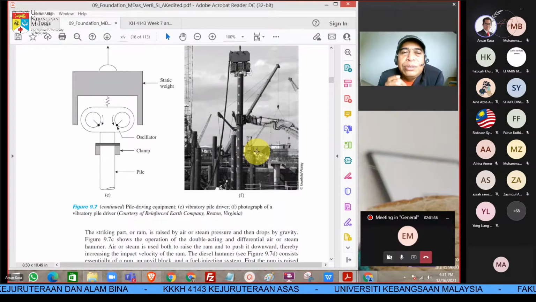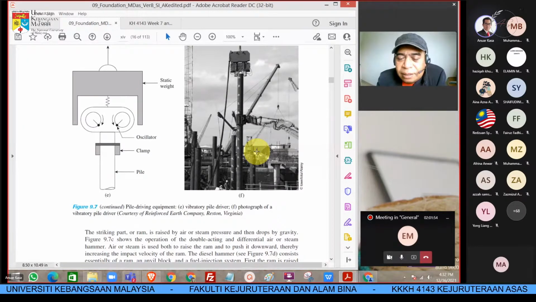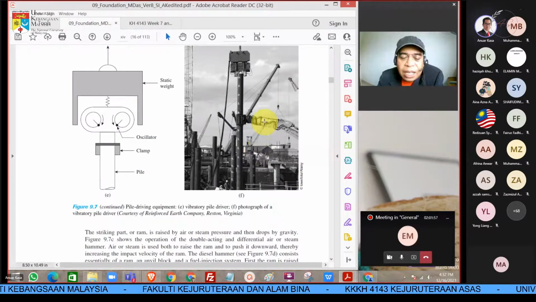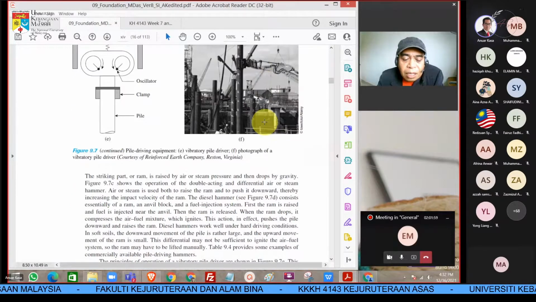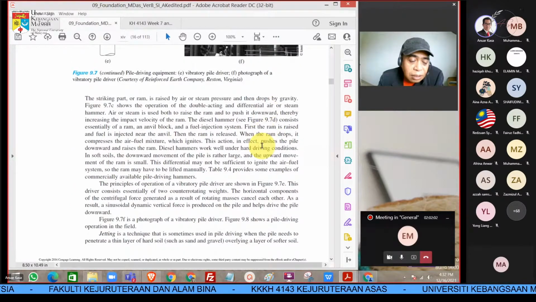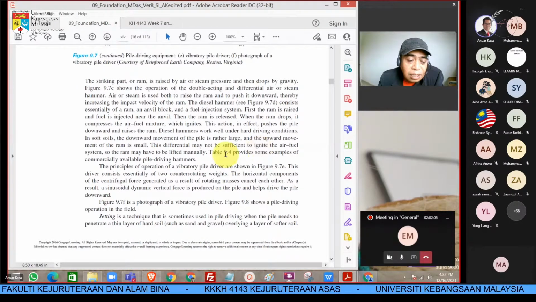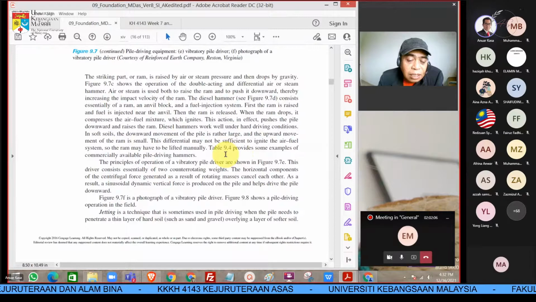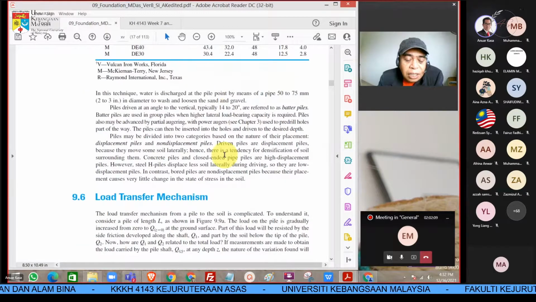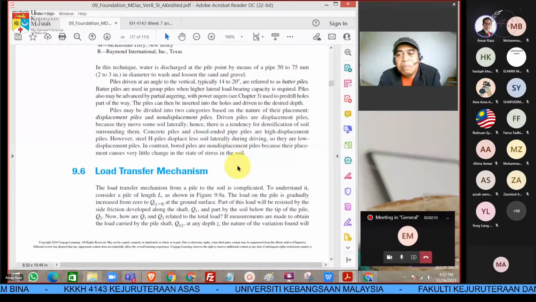So it is good when we want to install a pile near a sensitive existing structure, for example, near buildings or near a tunnel. So we need to use that. Okay, those are about how to install the pile.